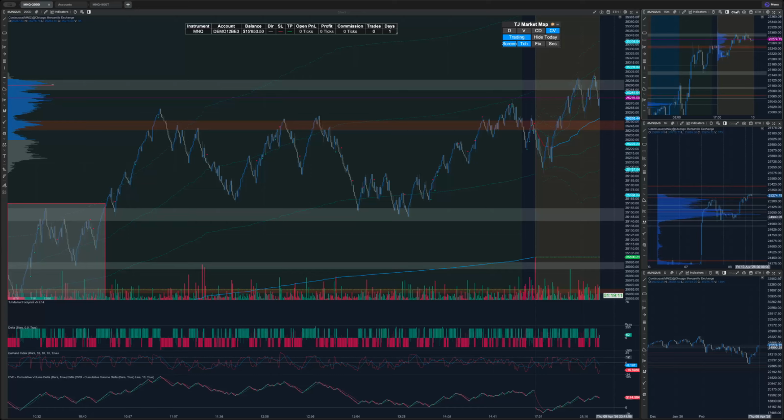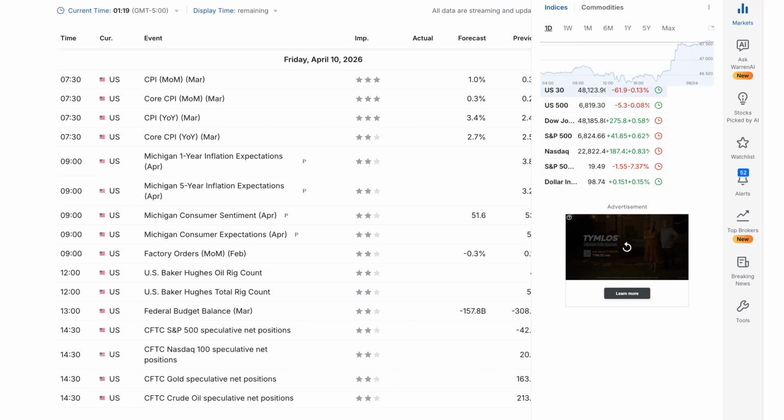First things first, let's look at the events today. So we have today, Friday, the 10th of April. We have CPI data. Those usually could lead to quite some fluctuation in the market at 7:30.